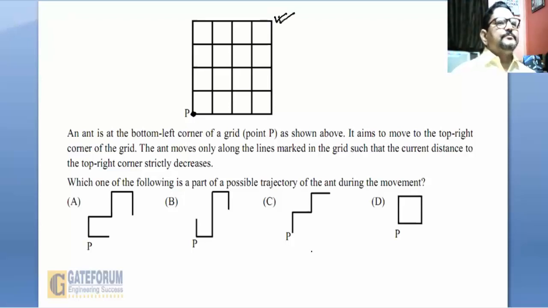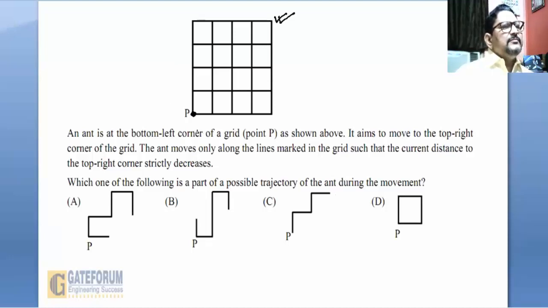So it will move here. The ant moves only along the lines marked in the grid, such that the current distance to the top right corner strictly decreases. Which one of the following is a part of a possible trajectory of the ant during the movement?